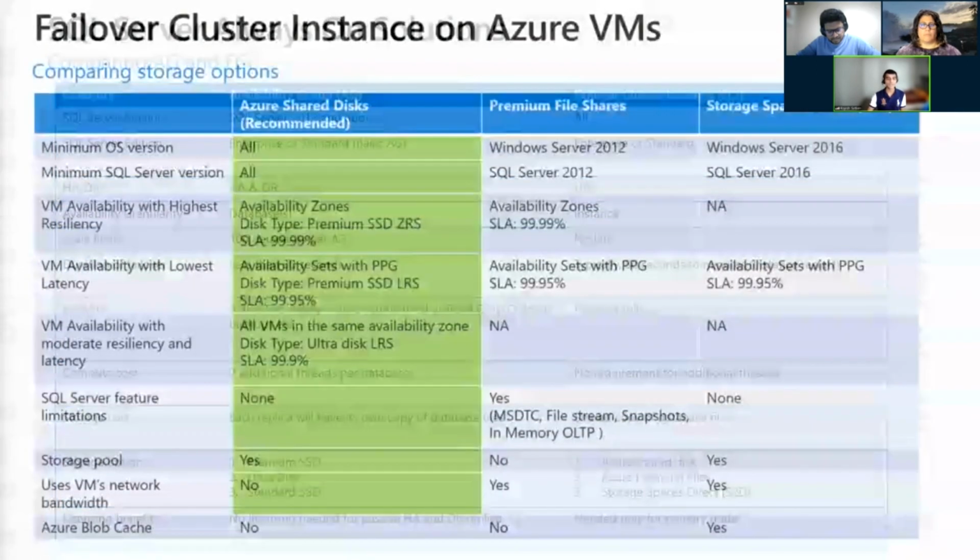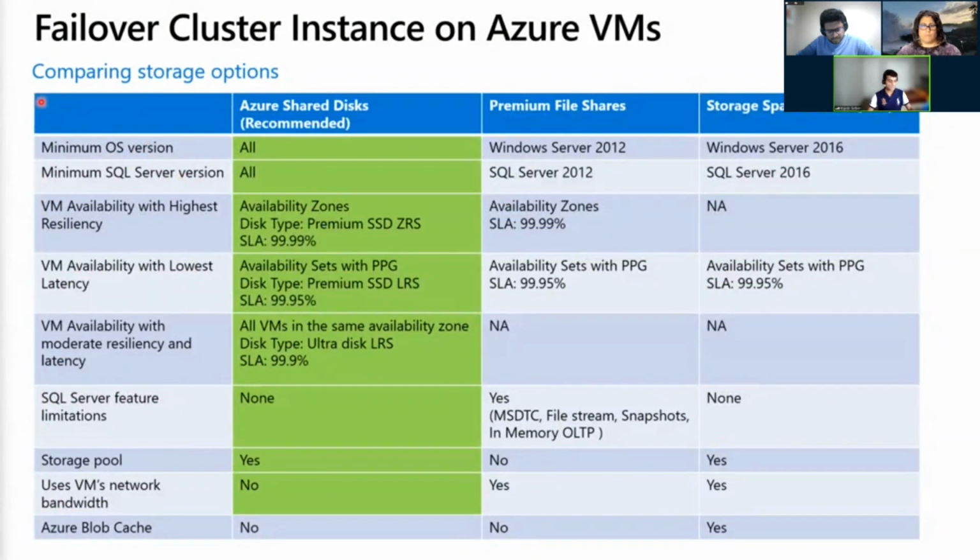Right. So with that, let's take a quick tour on the FCI side of things. Running FCI on Azure, I know we have had many options in the past. We started with Storage Spaces Direct, then we gave an option of premium file share, and then as Azure evolved, we now have a flagship shared solution, which is Azure Shared Disk, right?